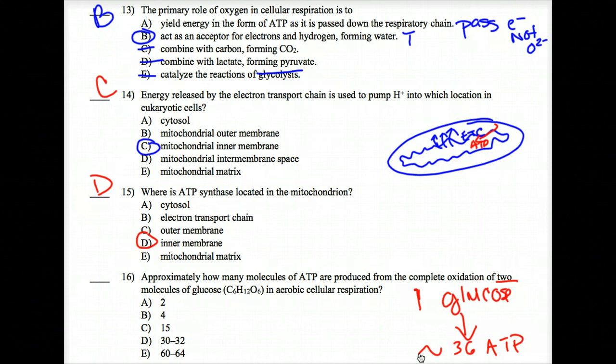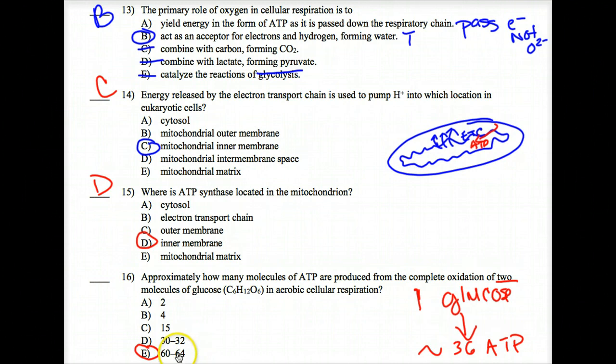It's really anywhere from 34 to 38, and it really depends on a lot of different variables that I don't even want to talk to you about because they'll just kind of confuse the matter. But what that means is that my answer for 2 glucoses is going to be 2 times approximately 36, somewhere in this upper range.